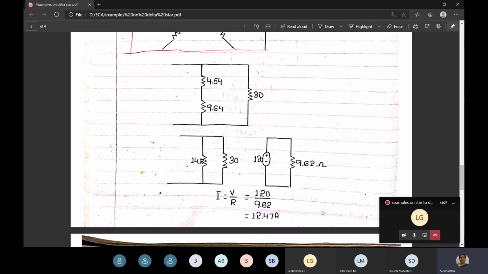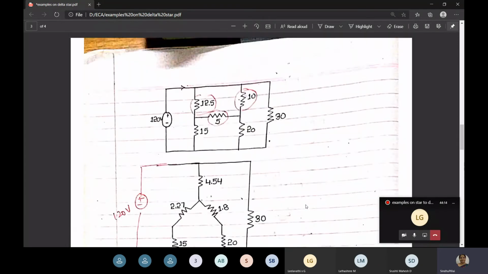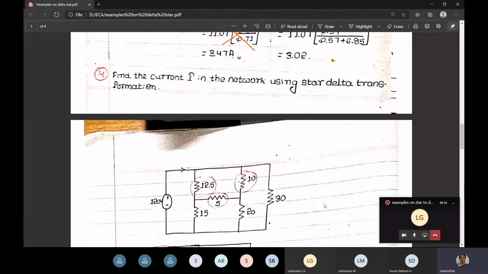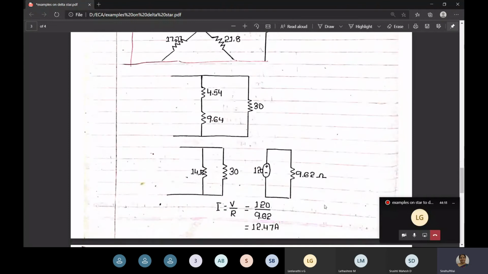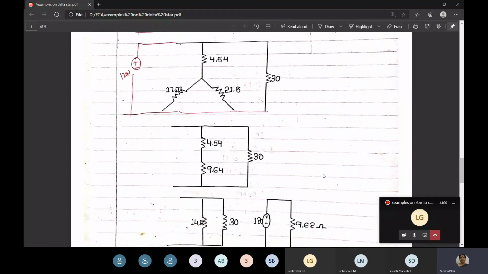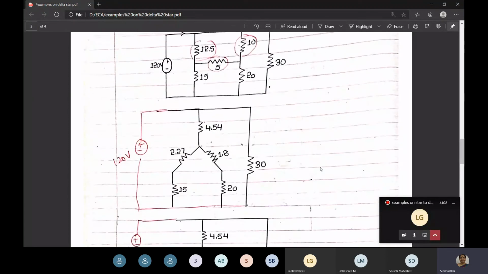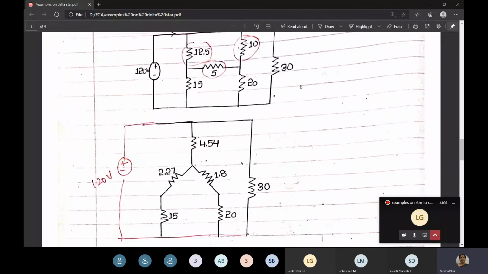The main current I is nothing but V by R, that is 120 by 9.62, which gives 12.47. So the main current I, which they asked you to find, is equal to 12.47 amps.